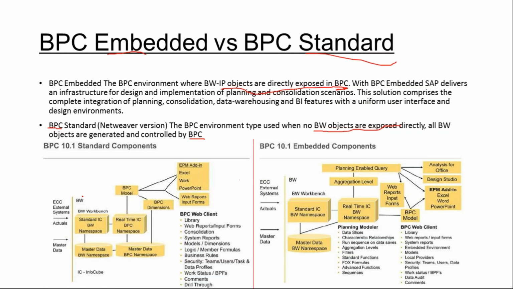If we discuss it in this diagram, for the standard part, we have ECC systems. From here, our actual data is coming into the standard BW. The master data is also coming into the standard BW. And then the transaction data, actual data, and master data will come into the BPC real-time cubes.